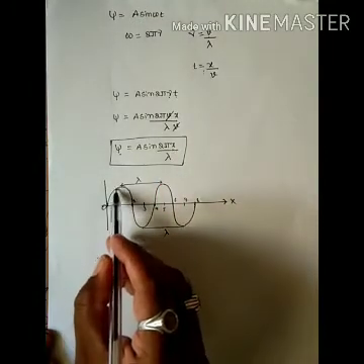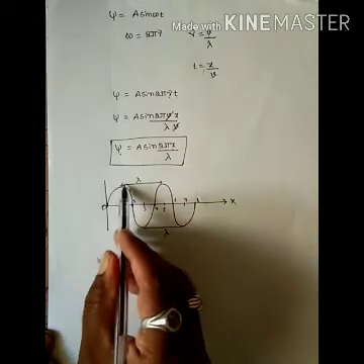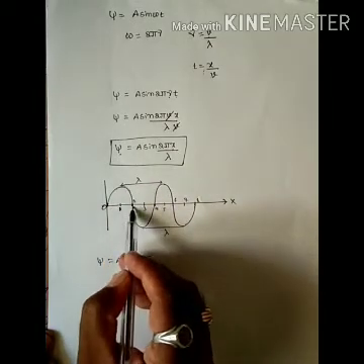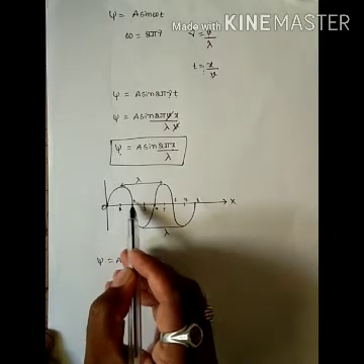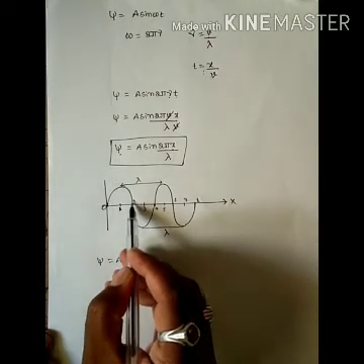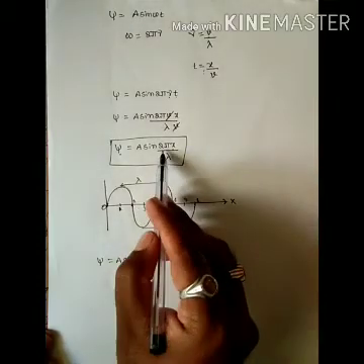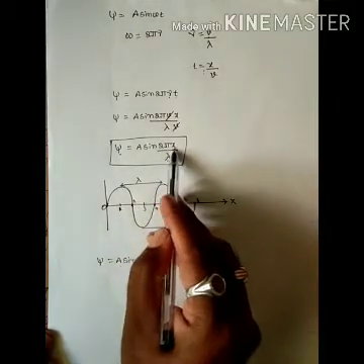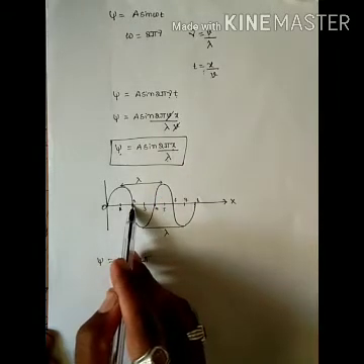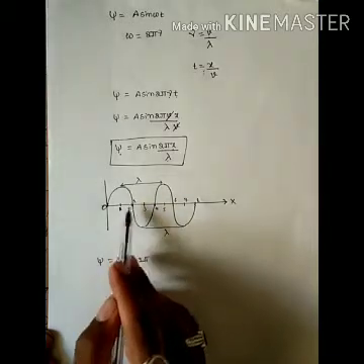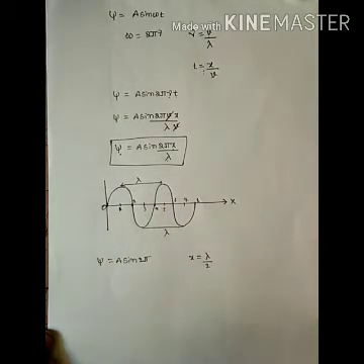Now let us consider half of the movement of the wave. The wave originated from O and moved all the way to this point, where the magnitude of the position is 2, which is exactly half of the wavelength. So in the equation 2 pi x by lambda, x is the position, which is exactly half of the wavelength, that is x is equal to lambda by 2.